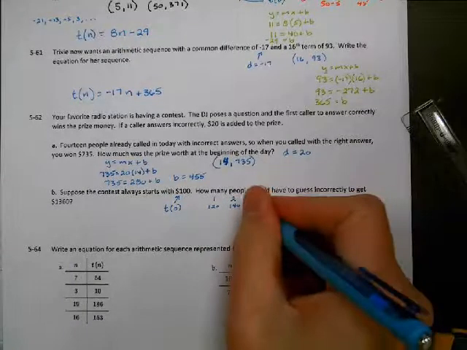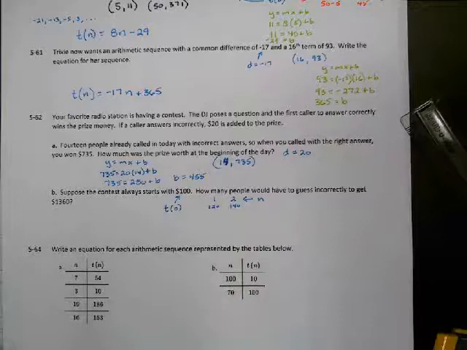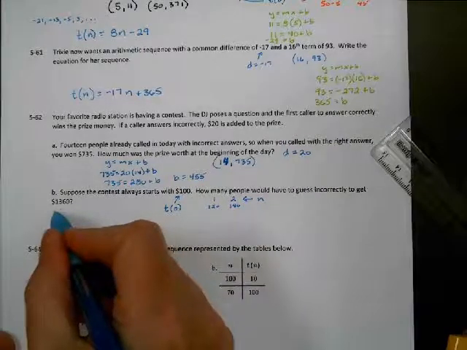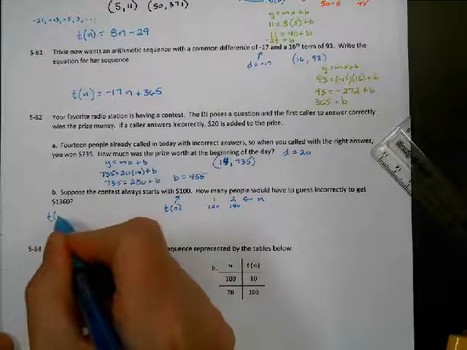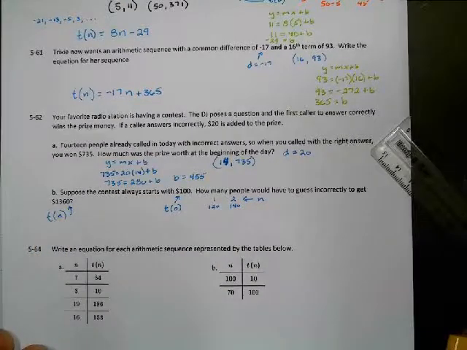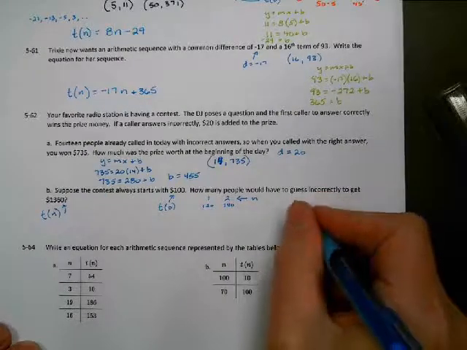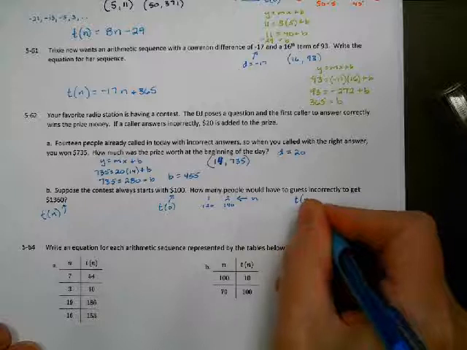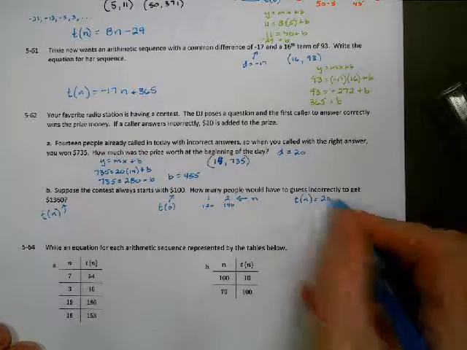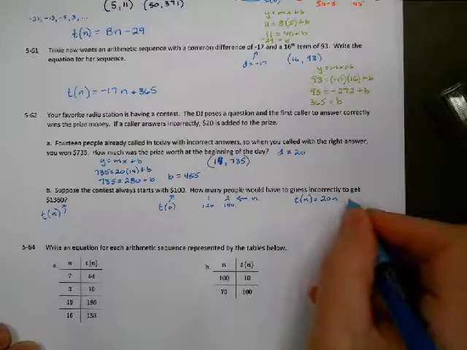So we want the nth term to be 1,360. So if I use my formula of T of n equals my slope number, 20, my common difference, times n, and then we know that we're starting at $100, that's T of 0.